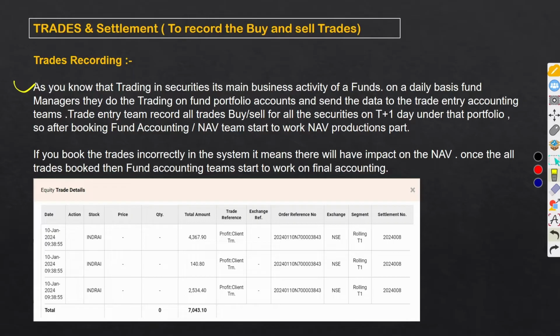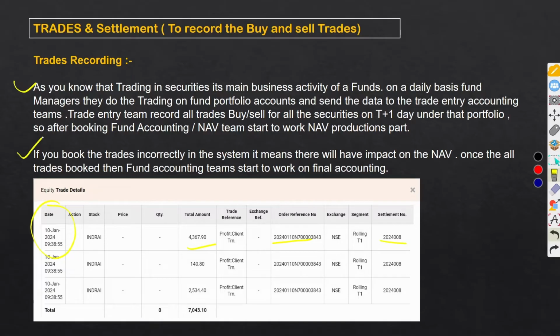If you purchase anything, let's say for example, this particular trade, the trade date is 10th of Jan. On 11th of Jan, this trade will be recorded in the books of account with the amount, quantity, trade reference number, and settlement number. So basically, we follow the T plus 1 cycle to record transactions in the books of account. All right.